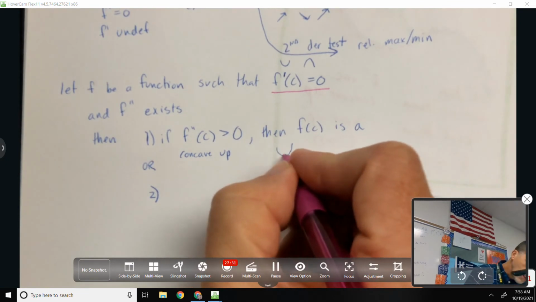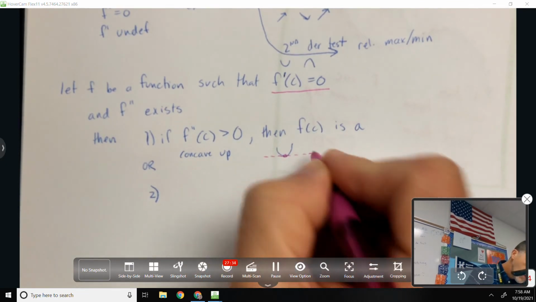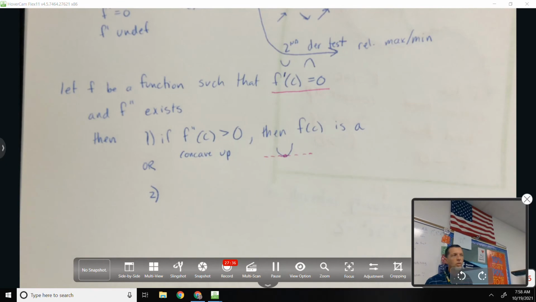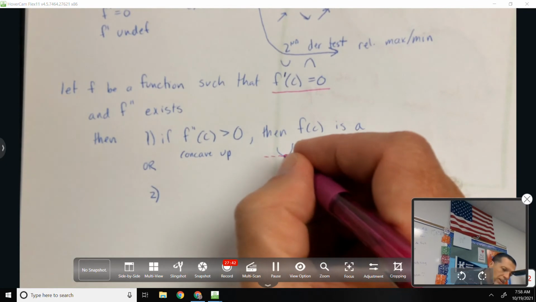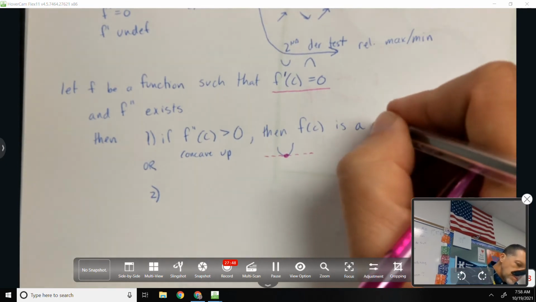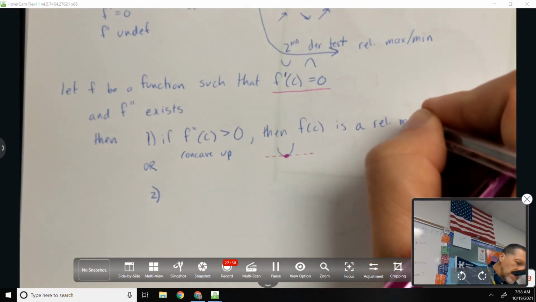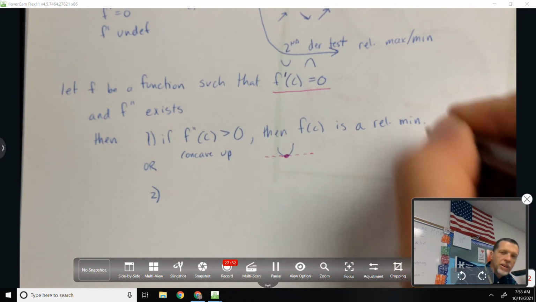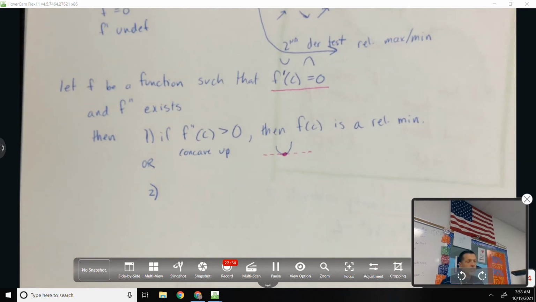And that would be right there. So if we have both a horizontal tangent line and it's concave up there, then what kind of point is that? A minimum. Let's put relative on there because we don't know what else is going on. There could be lots of minimums, and it might not be the lowest minimum.